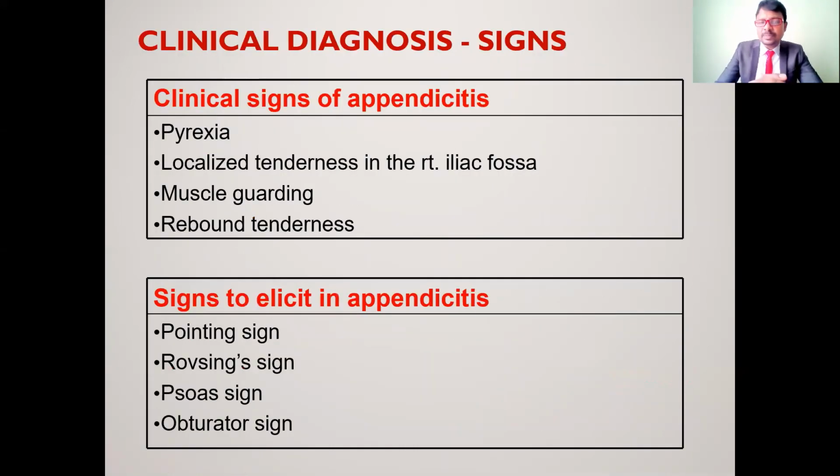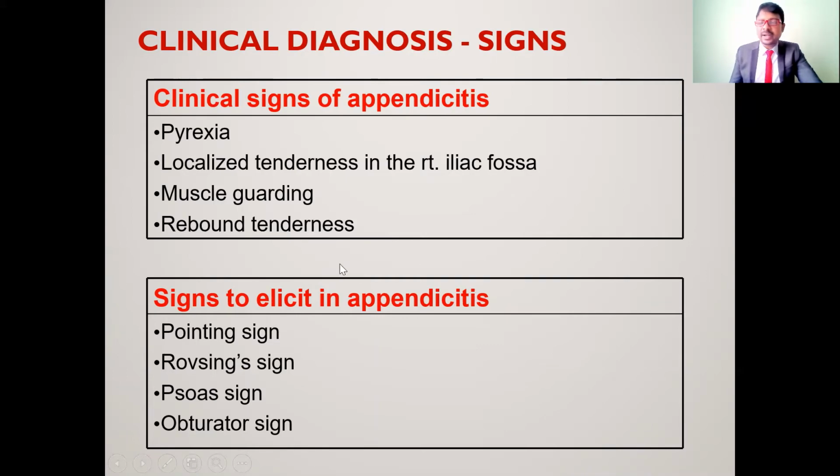The clinical symptoms are pyrexia, increased temperature, localized tenderness in the right iliac fossa, and muscle guarding. If we do any movements, the patient is going to restrict them because of the pain. That is called muscle guarding.